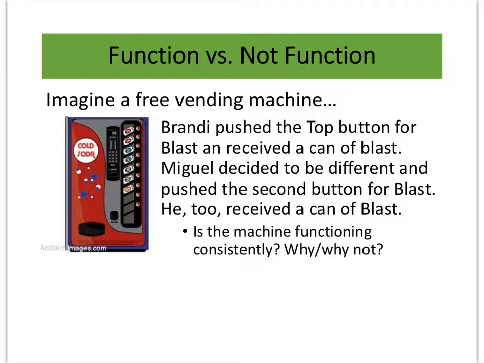So in this situation, there are two buttons: Blast button number 1 and Blast button number 2. When Brandy pushes the top button for Blast, button number 1, she receives a can of Blast. And then there's a second button that Miguel pushes, and he also receives a can of Blast.